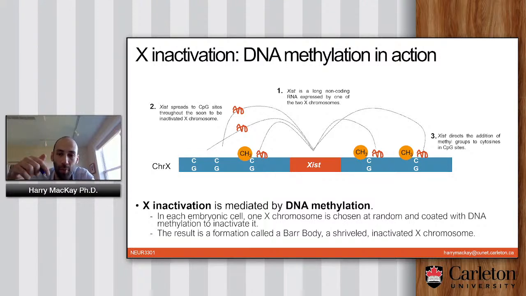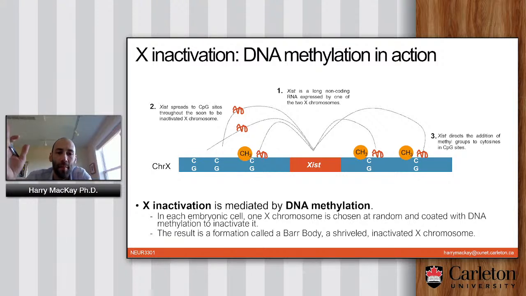One of the two X chromosomes begins expressing XIST, and that RNA will spread out and coat the X chromosome that it's being expressed by. The presence of that RNA essentially attracts methyltransferase enzymes to coat all of the CpG sites with lots of methyl groups and fully methylate the entire chromosome.